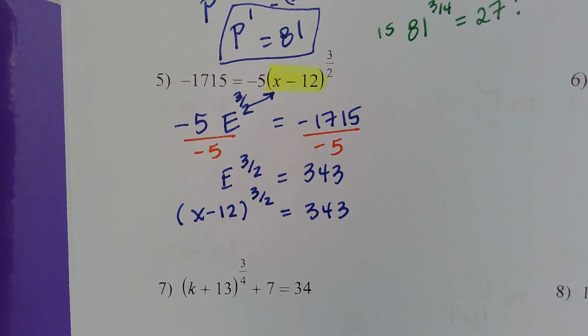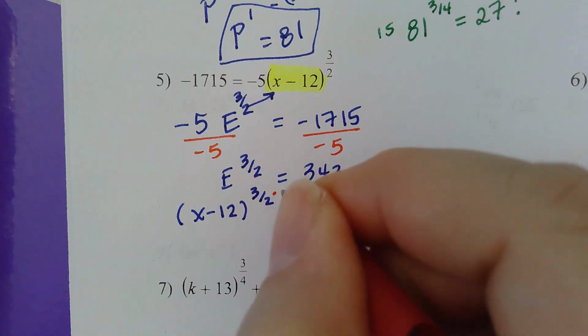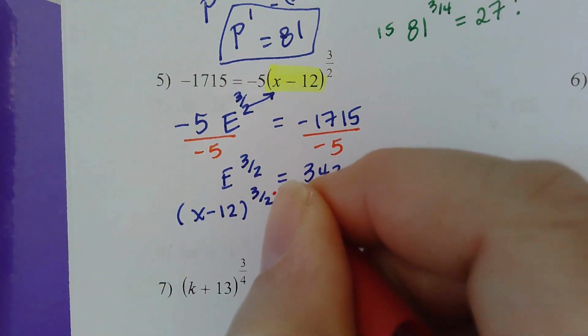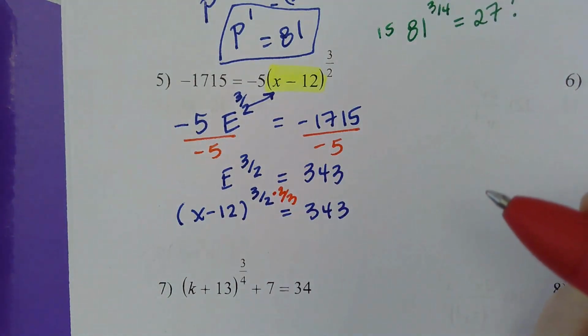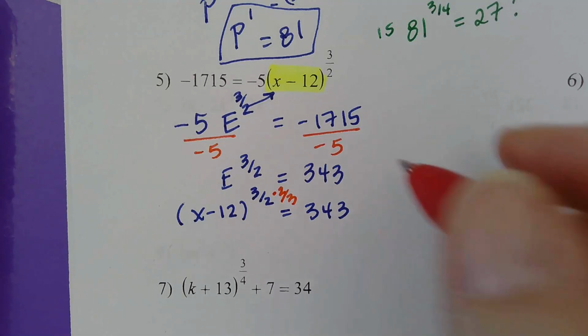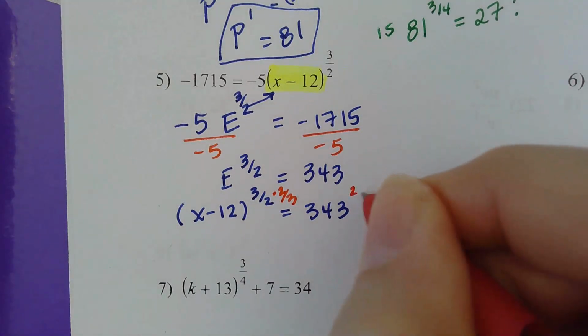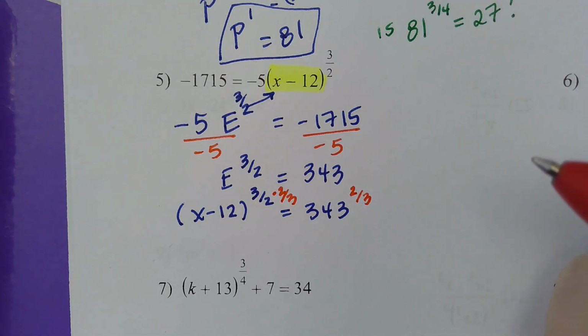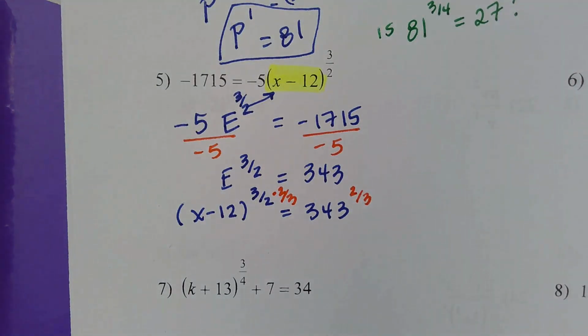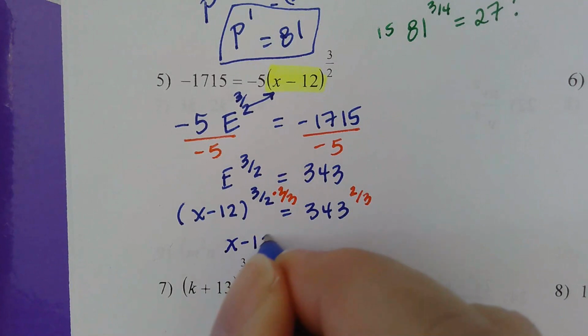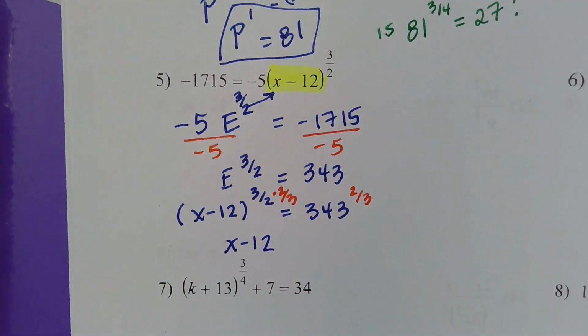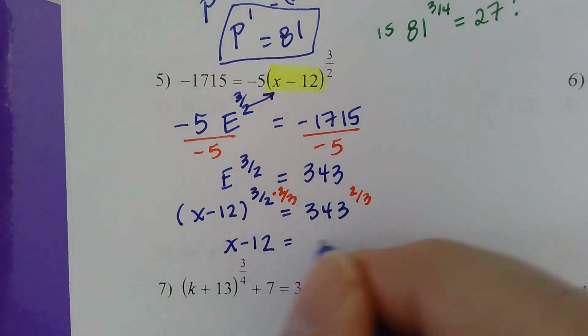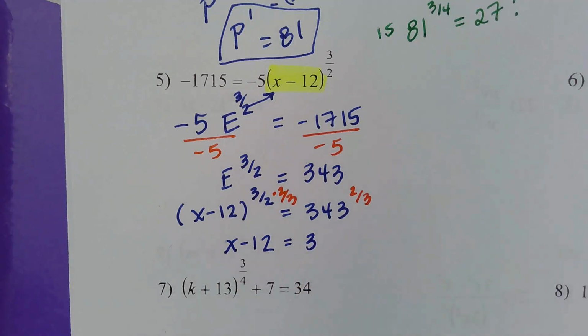To remove the exponent, I raise this to the 2/3 power. So 343 goes to the 2/3 power. My exponents simplify and become 1, and I get x minus 12 with no exponent on the left. Whoops, no it's not.